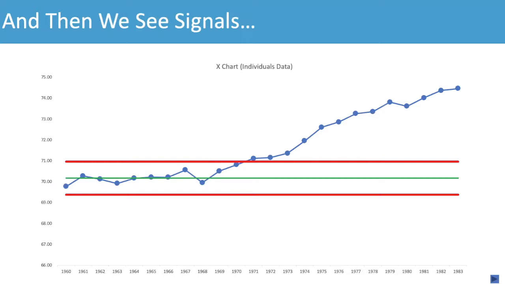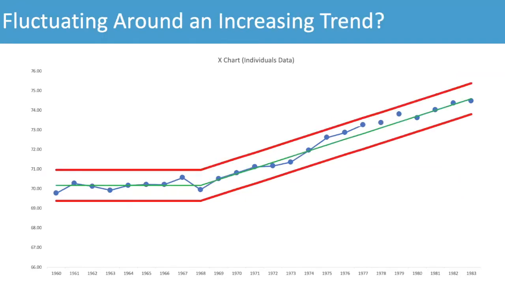And we see clearly, for one, in 1971 a signal, a data point above the upper natural process limit. Given 8 years, we see 8 consecutive years above the old average. This is clearly no longer a predictable metric. It's not fluctuating around a flat average. We can draw a form of process behavior chart where we see that it's fluctuating around a linearly increasing line.